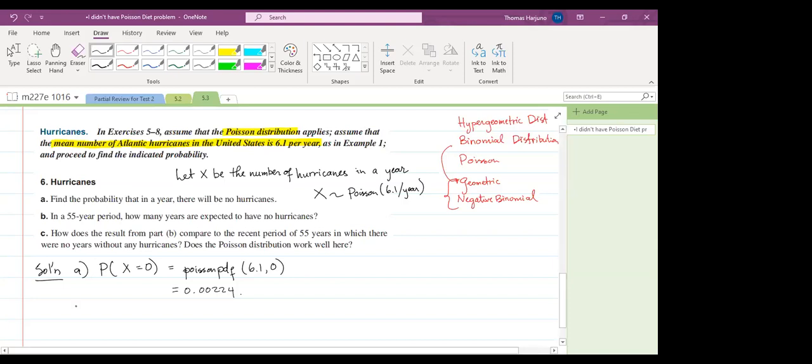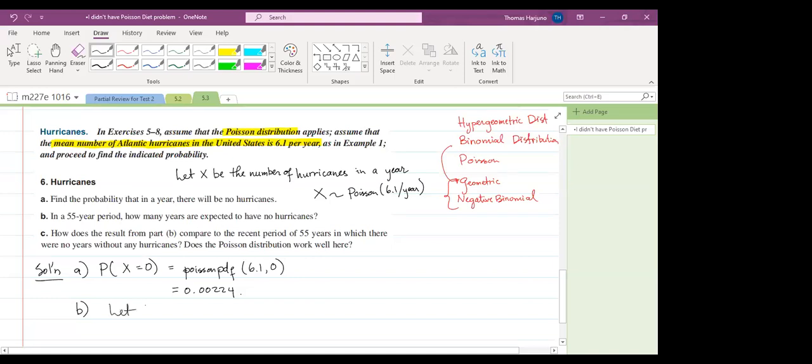Now, part B, which I don't like to do right now, but I do it anyway. In a 55-year period, how many years are expected to have no hurricanes? Let me define a new random variable. We are not talking about the number of hurricanes anymore. We are talking about the number of years with no hurricanes.